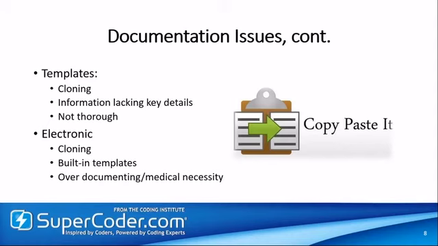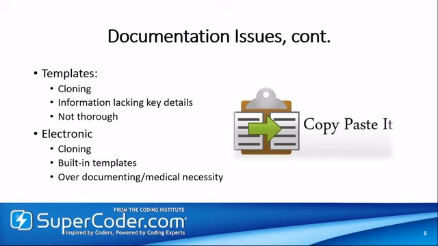EMRs also can cause information to be added to documentation that does not pertain to the visit if the provider isn't careful. So once again, adding details and more information in addition to the information in the EMR template can reduce the appearance of cloning.